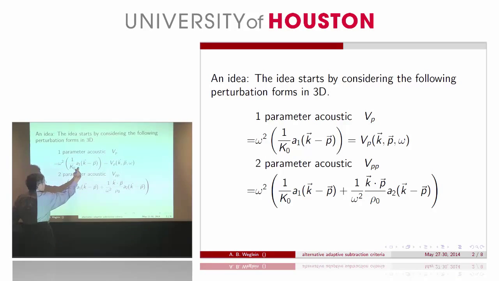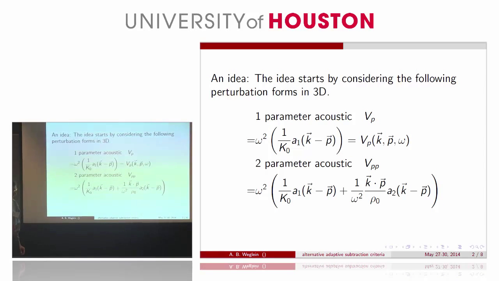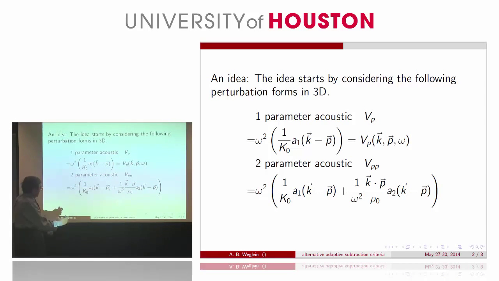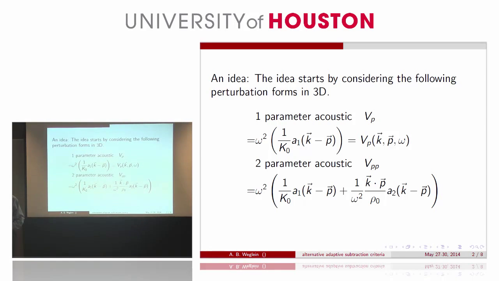So you get a k. This a1, the relative change in bulk modulus, is a spatial function, a relative change in properties as a function of space. When you take that Fourier sandwich, you get a difference vector, with e to the plus and e to the minus. I'm just explaining what that means.